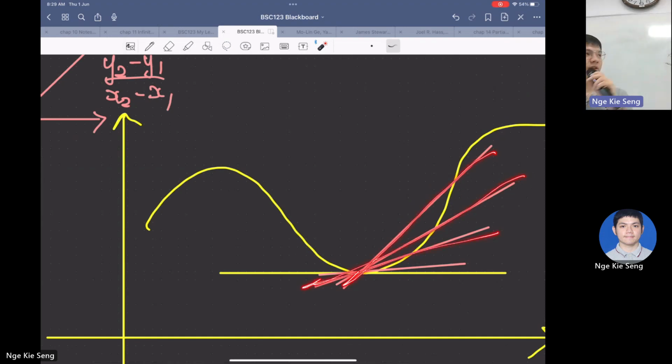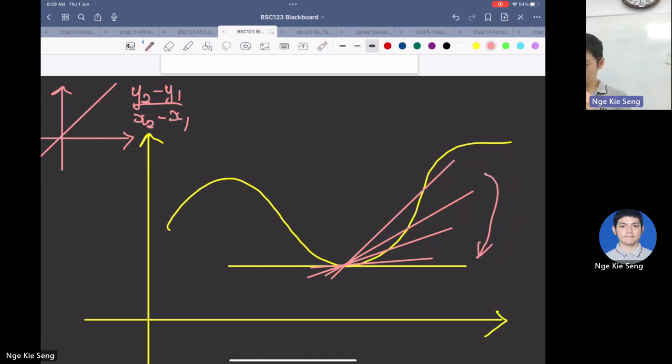Then you take the limit as h decreases to 0, to a single point here, let us call it (a, b). So you can imagine that this slope limits to the tangent line that you want. Make sense?